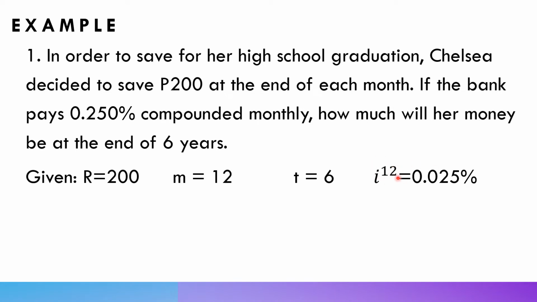Why 12? Because it is said here that it is compounded monthly. Therefore, there are 12 months in 1 year, right? Therefore, you are going to raise your nominal rate into 12.